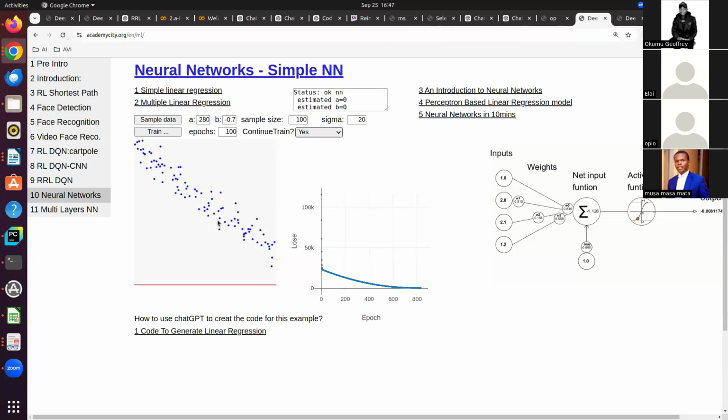We are fitting a line into those dots. And then we tell the algorithm, take those dots and find the parameters of the model, which are A and B, such that that line will be as close as possible to those points. Okay, please go over this video, listen to it many times, and try to absorb those concepts.